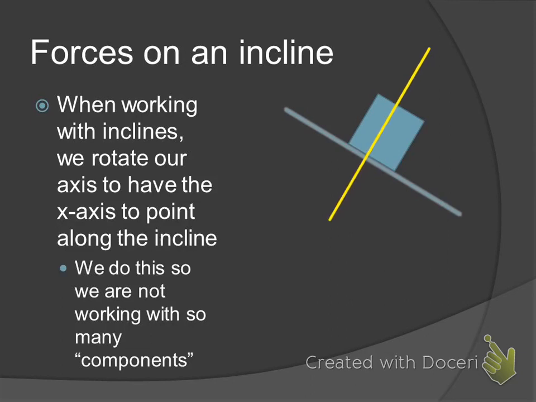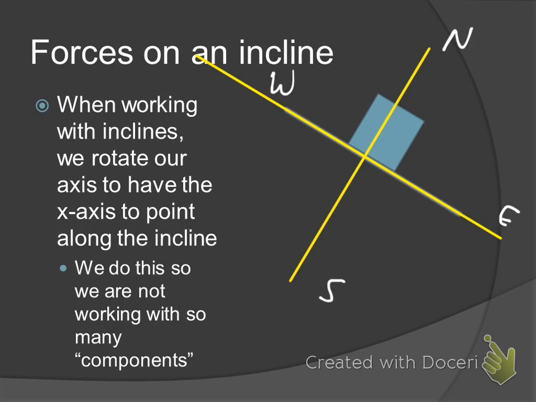We shift our axes in our coordinate system to look like this. All I've done is turn my coordinate system to match my incline. Meaning if I were looking at it, this would be north, east, south, and west. All I did was shift that. So these are still the positive directions, and these are still the negative directions.